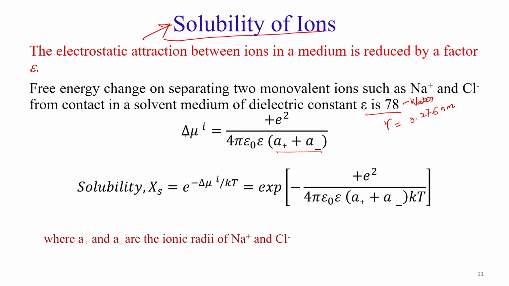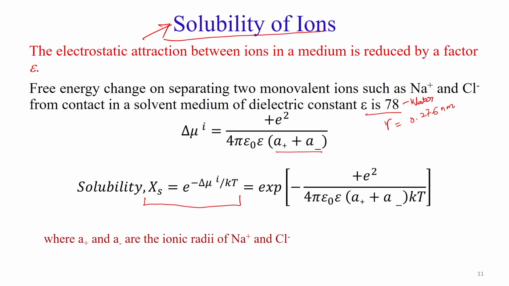So, we can calculate the value of delta mu, where Z1 is 1 and Z2 is minus 1. It will simply be e square upon 4 pi epsilon naught epsilon into the interatomic distance between Na and Cl, which is 0.276, and solubility is given as Xs equals e to the power minus delta mu upon kT.